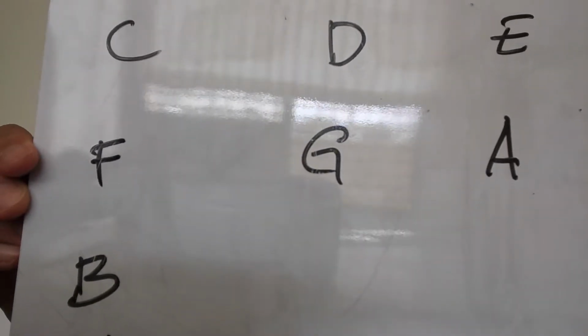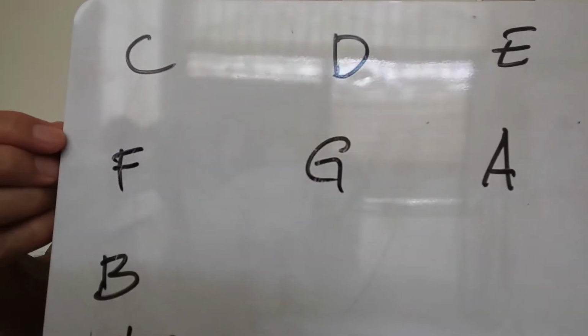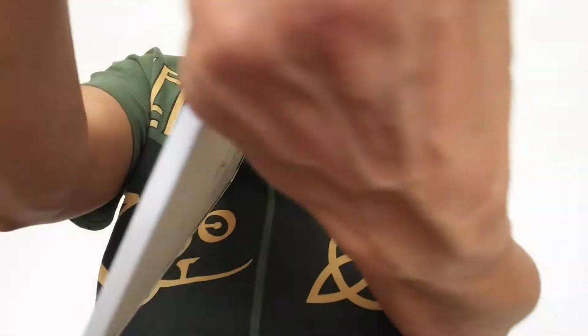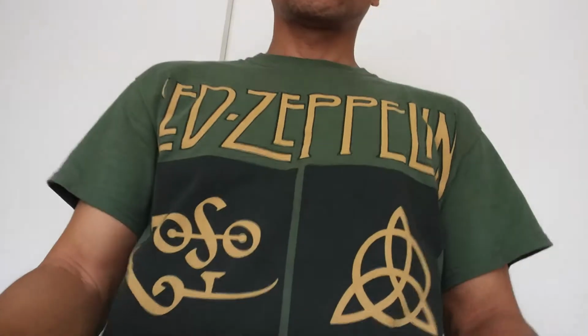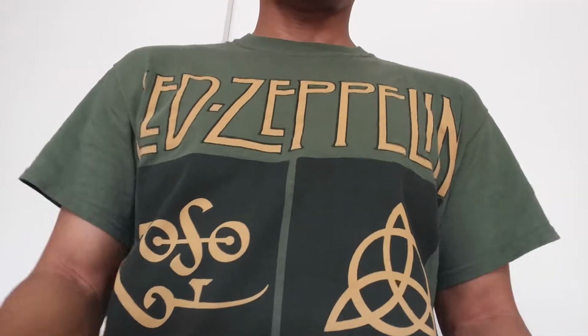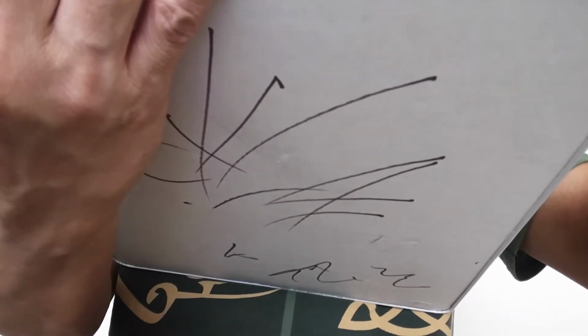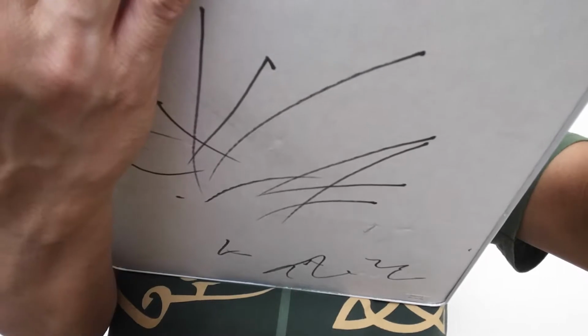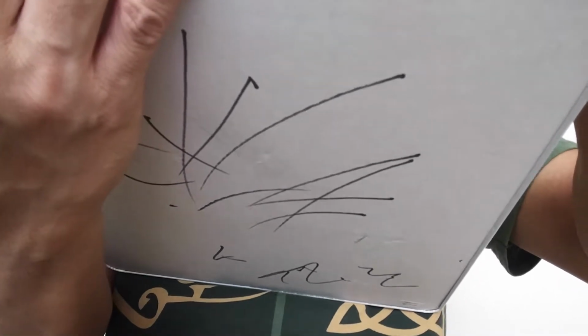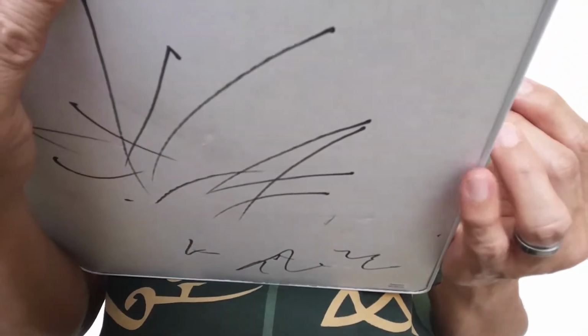Those 5 notes are located in between these notes. Let me go ahead and write these in here. There's a note between C and D. There's a note between D and E. Between E and F, there's no note.